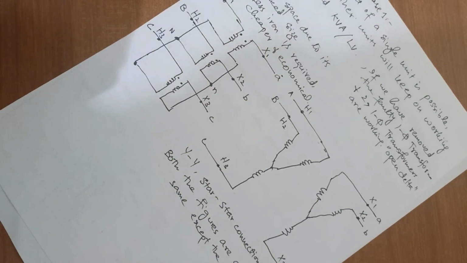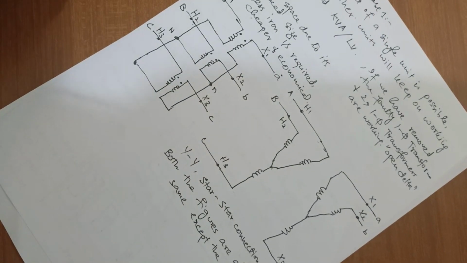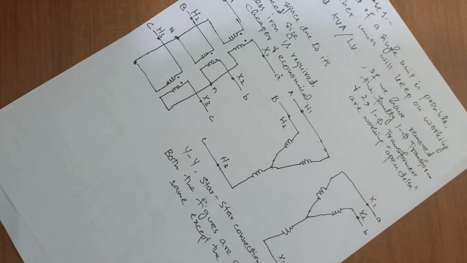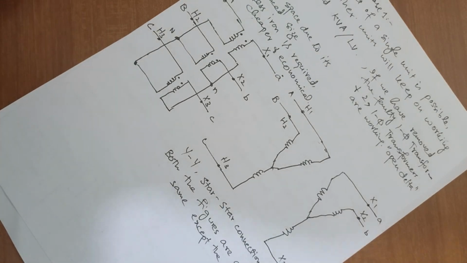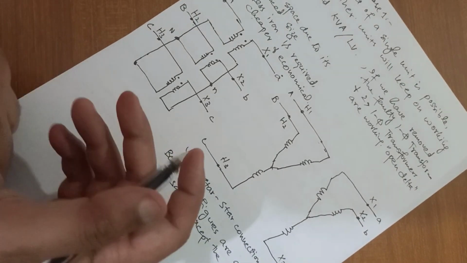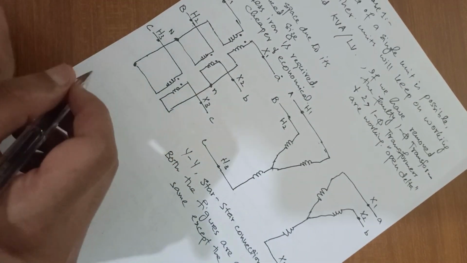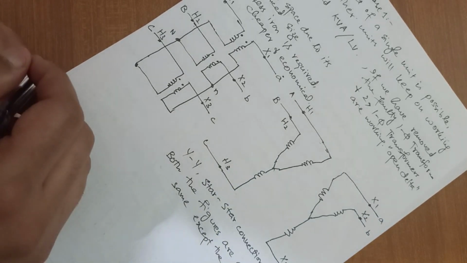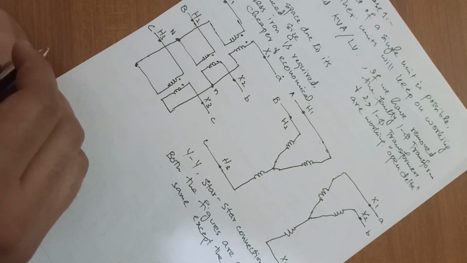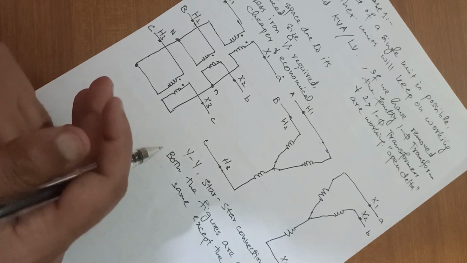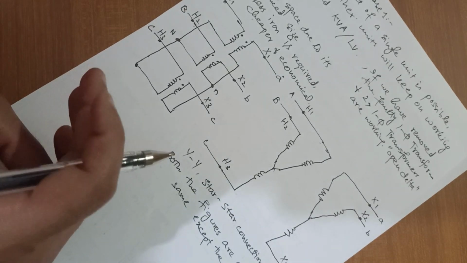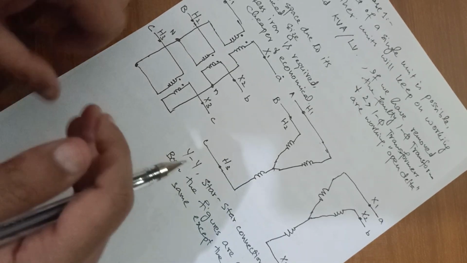So this is the basic thing. Now in Y-Y or delta-delta transformers, I have already described that polarity is marked such that the voltage to neutral from H1, H2 and H3 stays in phase with the voltage to neutral at terminals X1, X2 and X3.